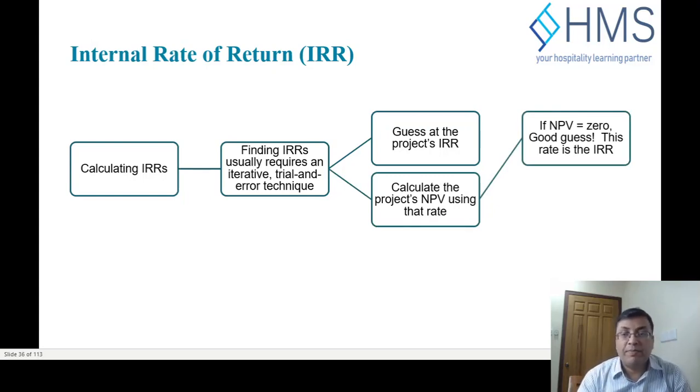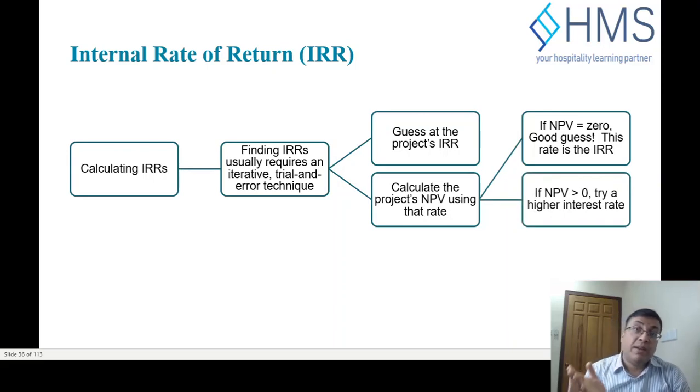Usually that doesn't happen. If the NPV is higher than zero, then you will make a second guess with a higher interest rate, right? Because the net present value is still positive, and our idea is to make it zero. For ease of calculation, we normally guess round numbers, so it's 5%, 10%, 15%, or 20%, and then we normally add 5% or maybe 10% as a gap for the second guess.